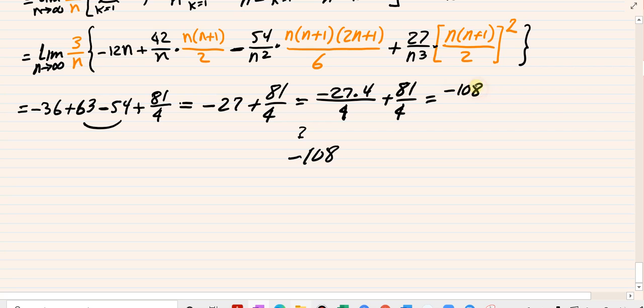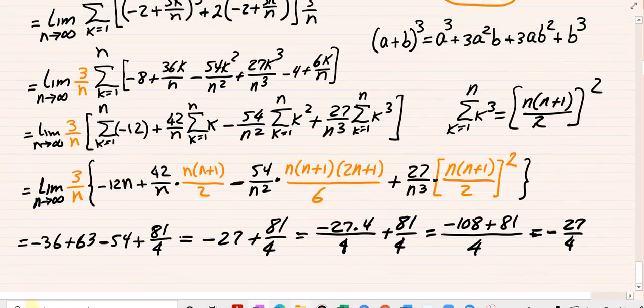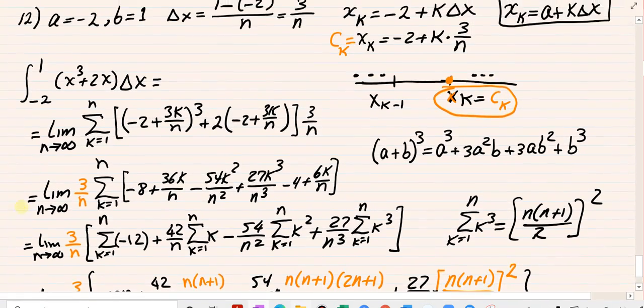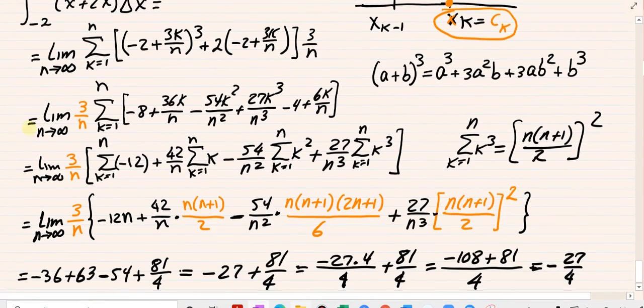Negative 108 plus 81 fourths, and this turns out to be negative 27 fourths. Looks like the whole thing is negative 27 fourths. And there you have it. That's going to be the definite integral for number 12.